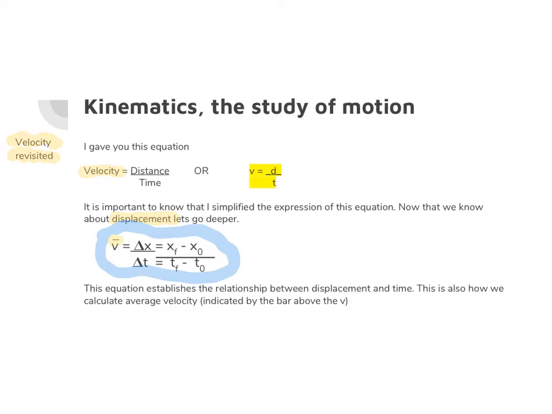We've taken delta x, which is displacement, and put it over delta t, a change in time. So it's a change in position over a change in time, or xf minus x0 divided by tf minus t0.